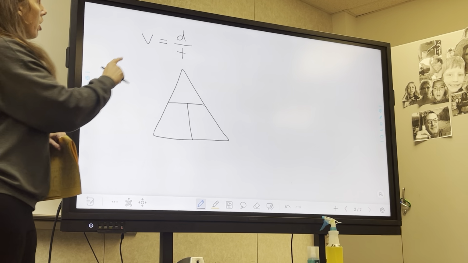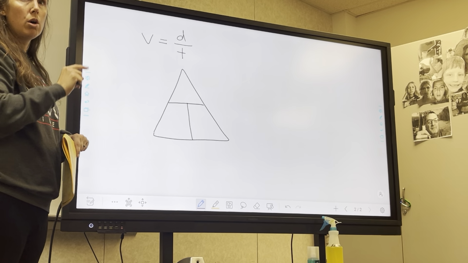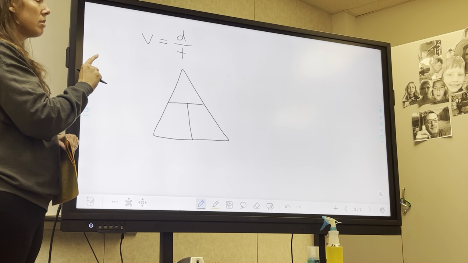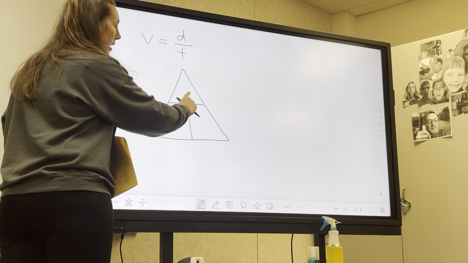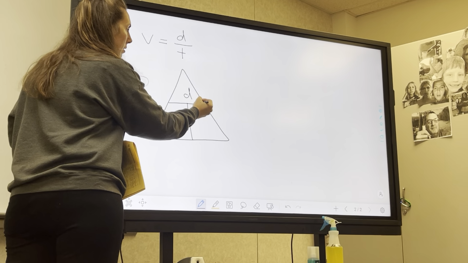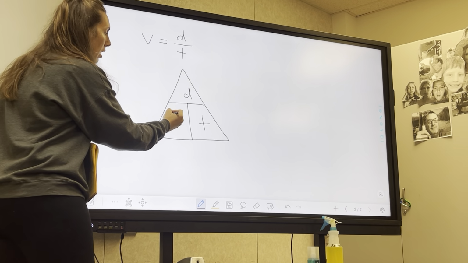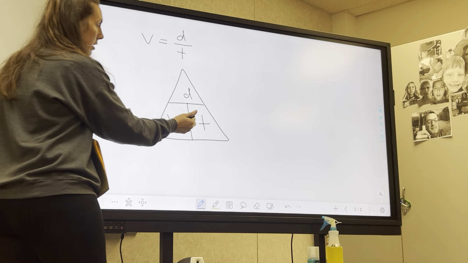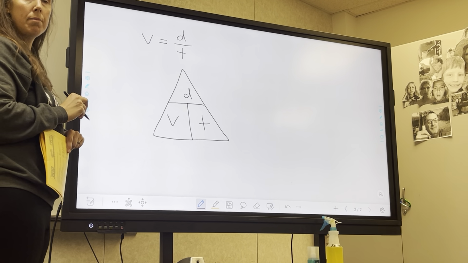So, y'all see how distance is always over time? When you're putting that into the formula, you have to have the distance over the time. So the only way to do that is to have the distance up here, and it's over the time. So then velocity must be here. So, ready? Velocity equals distance divided by time.